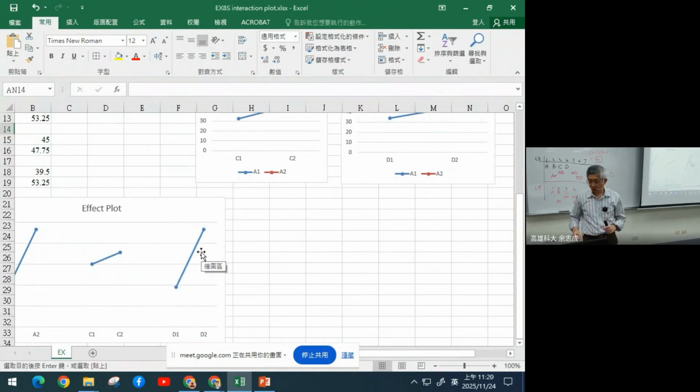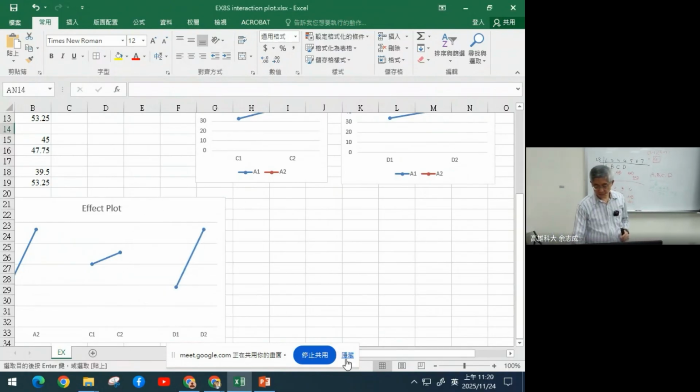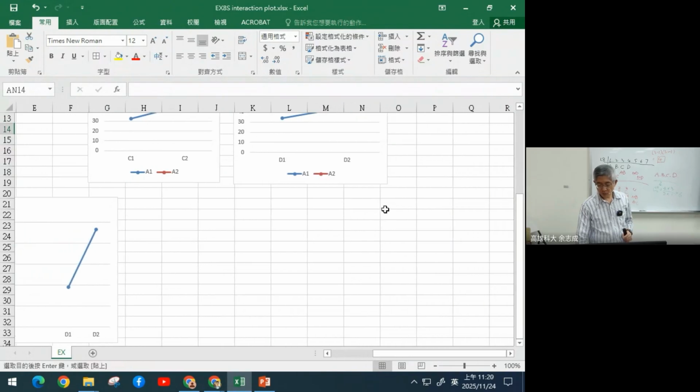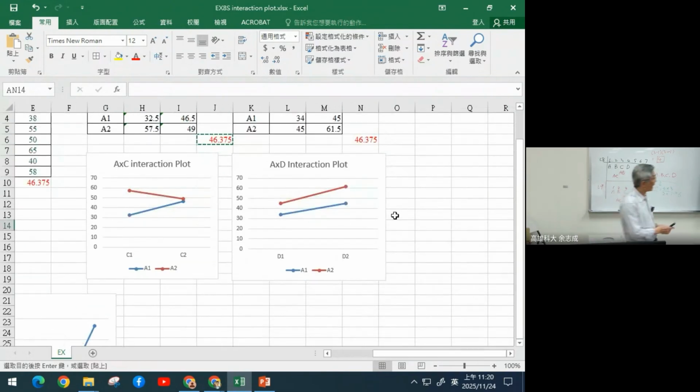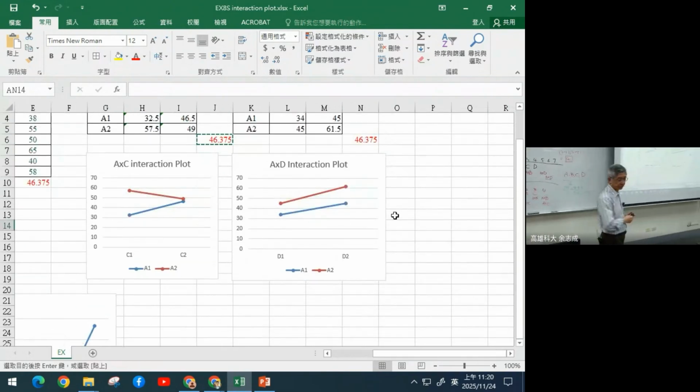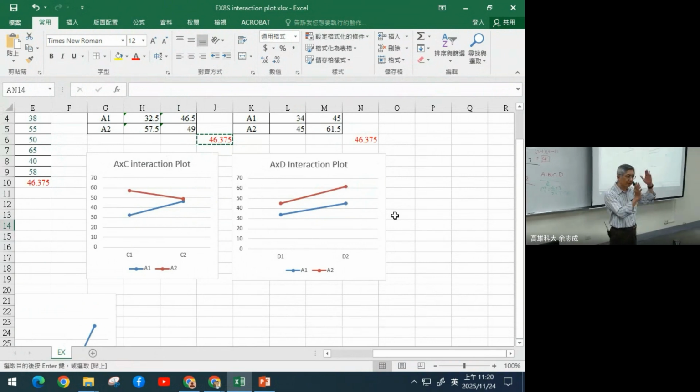Now, we have drawn the interaction plot. And we want to find out whether A and D have an interaction. You can see that A and D are not parallel. They are very close, but they are not parallel. Therefore, they interact. What type of interaction? Synergistic, right?